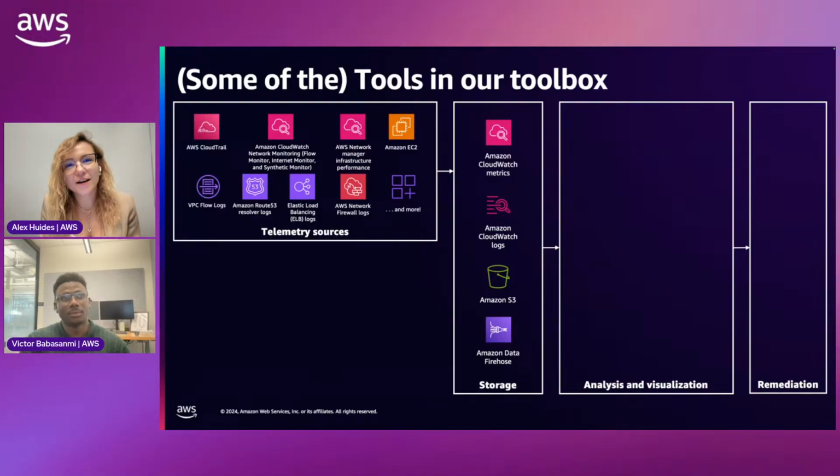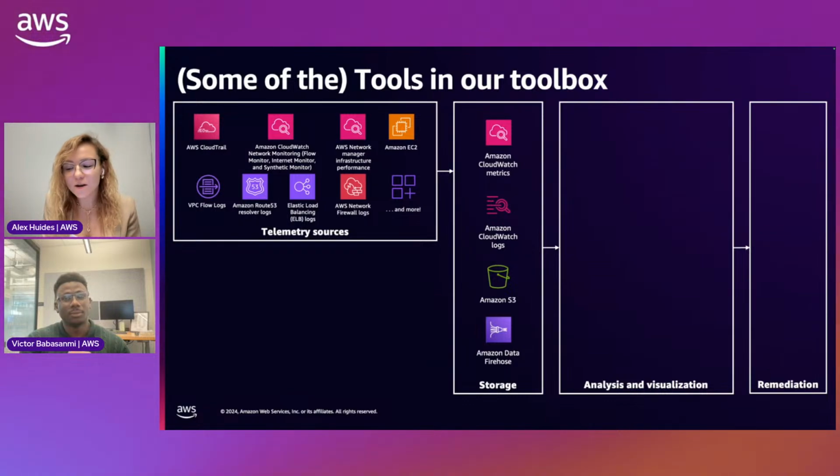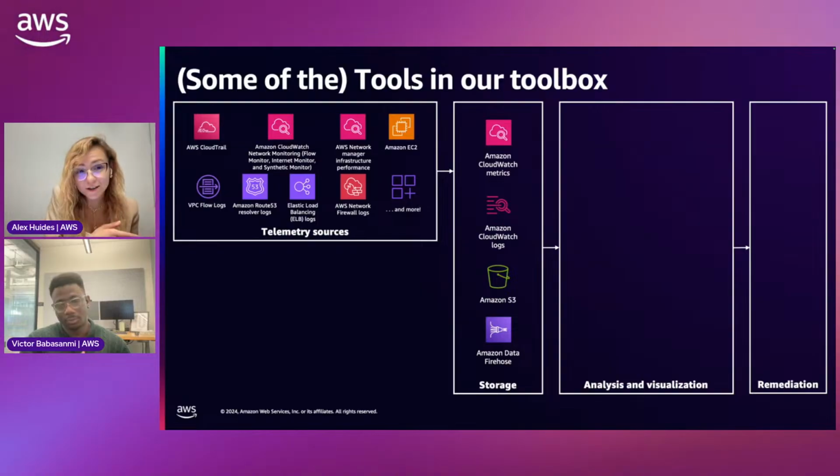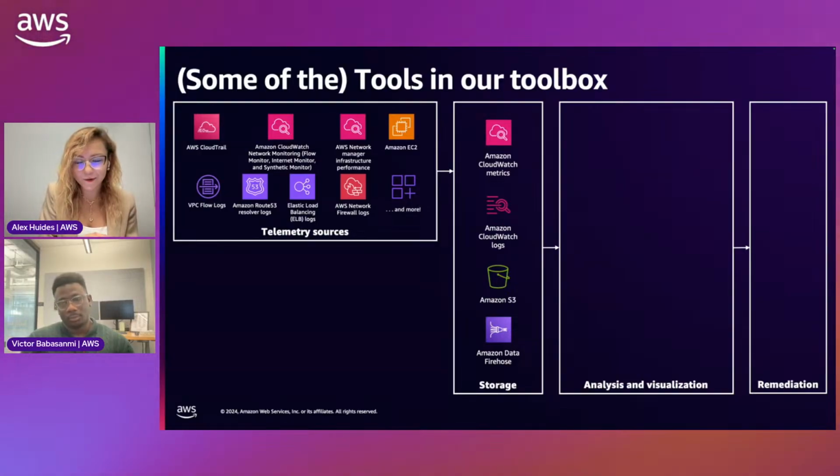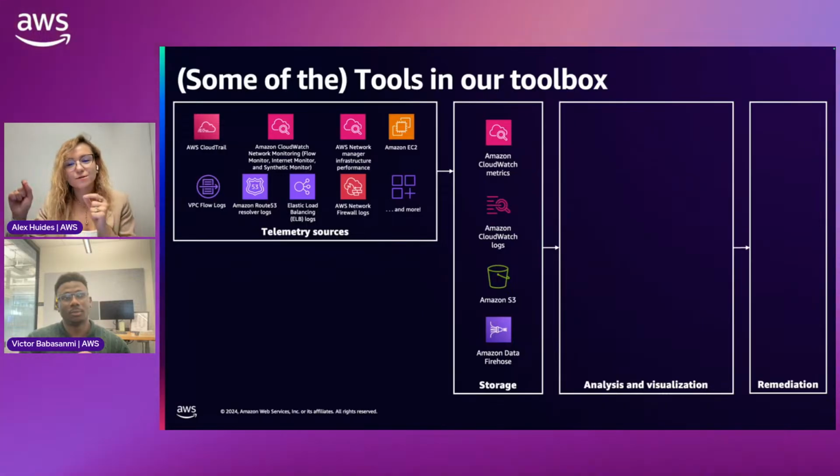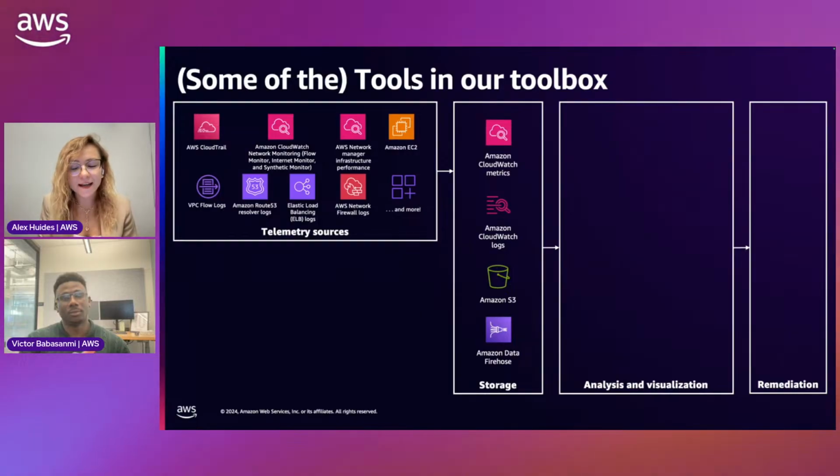And here's where I think the important part comes in: deciding what type of data and what type of logs I want to export, and where. Where does it make sense in order to get answers to those questions? As we get to the analysis and visualization part, just having metrics from anywhere and about everything is not necessarily what is going to get you answers to the questions that you're trying to answer.